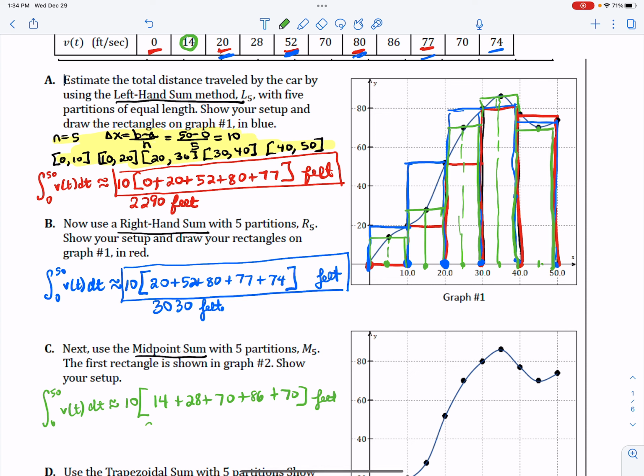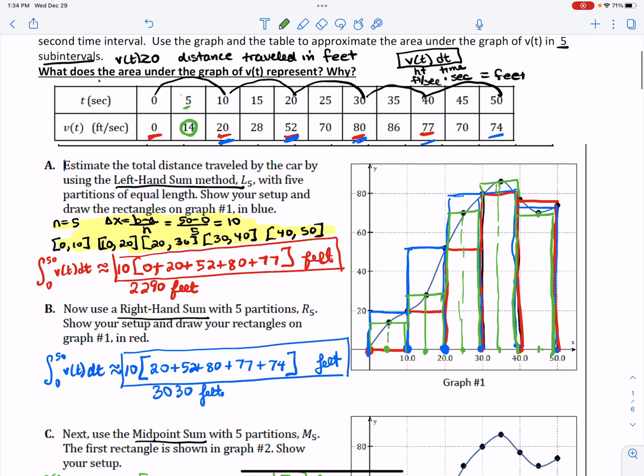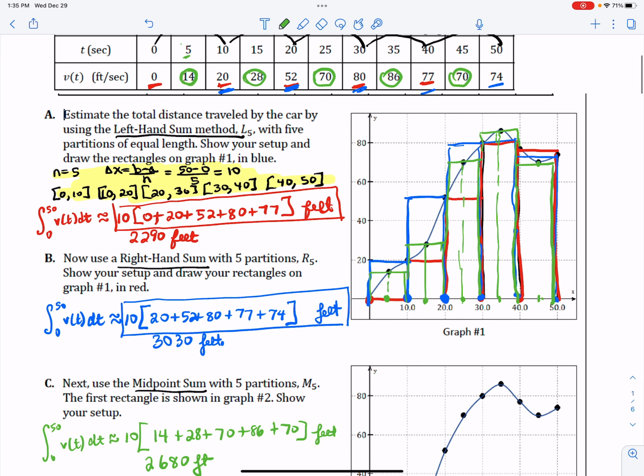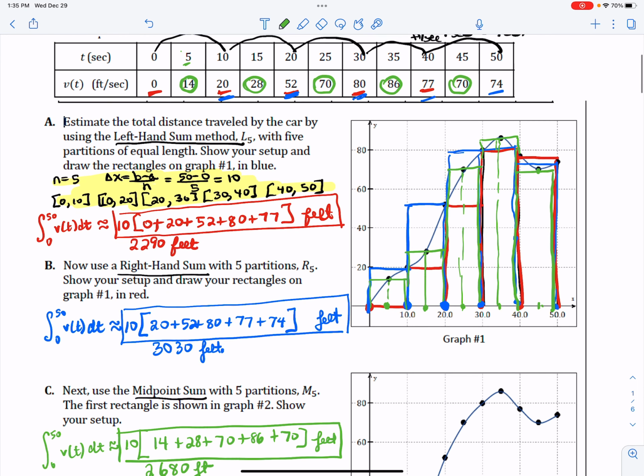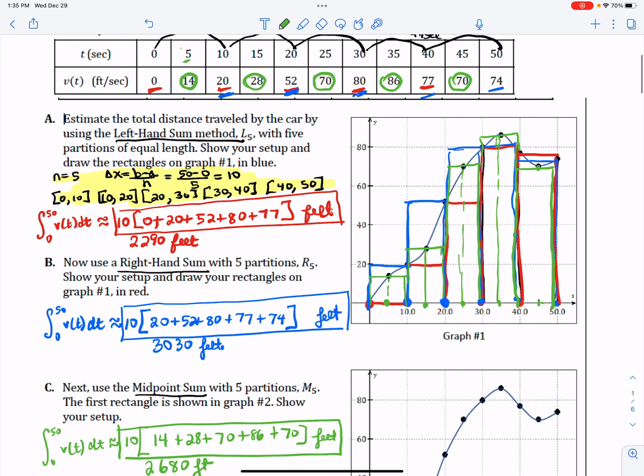And that comes out to be 2,680 feet. Notice on the chart, these are the middle y values in each subinterval. So remember, we always sum up the y values times the delta x, whatever that may be. Okay, so there we go. So please mark this off on your paper, on the chart as well as on the graph.